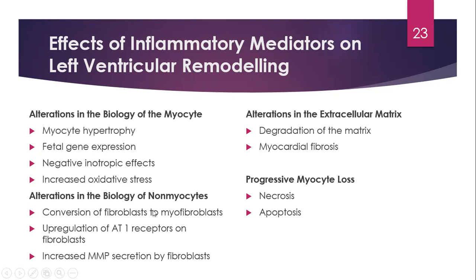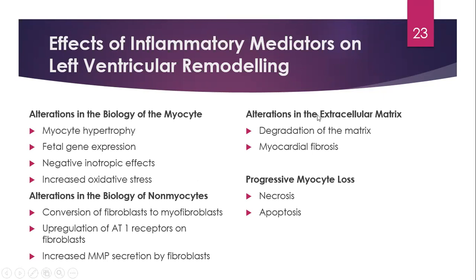Okay? They can also alter the biology of non-myocyte structures, so the connective tissue within the myocardium. So they can cause conversion of fibroblasts to myofibroblasts, upregulation of the AT1 receptor on fibroblasts, causing increased fibrosis, and increased matrix metalloproteinase secretion by fibroblasts, causing degradation of matrix protein.